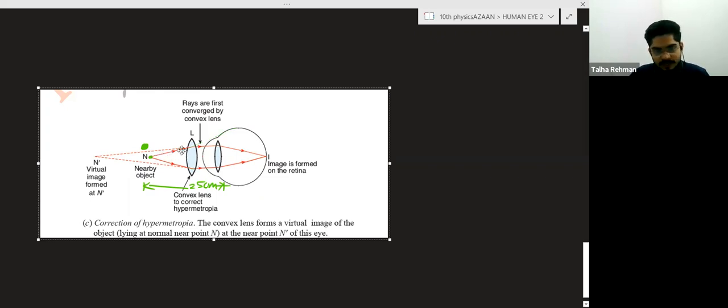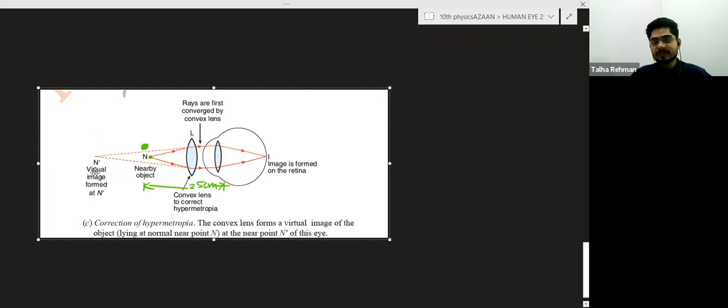From this object, this is a nearby object, so there are diverging rays like this. Now here the refraction takes place, and this is a convex lens, and a convex lens produces the virtual image also. So this convex lens will produce a virtual image of this object here, and this image will work as an object for this eye lens.